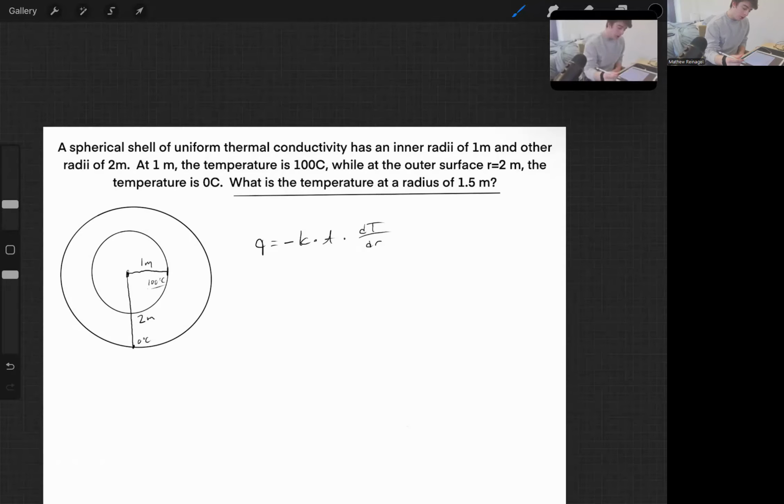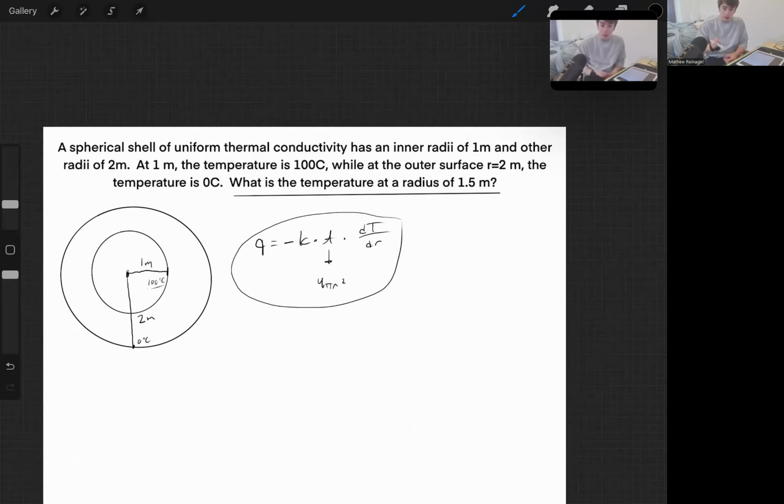So let's change this area. The area of a sphere is 4 pi r squared. Okay, now that we have this equation, what are we actually looking for?